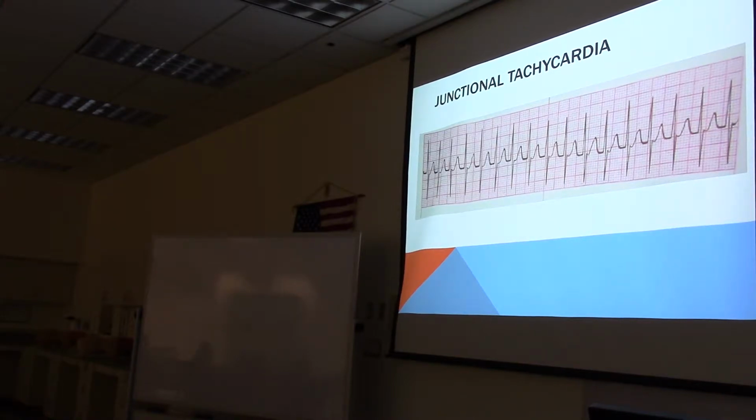Very good. So how can you tell any difference between SVT and junctional tachycardia? I can't. I see a fast rate, 170 a minute, and I don't see any P waves. So if you continue to call this SVT, that's perfectly fine.